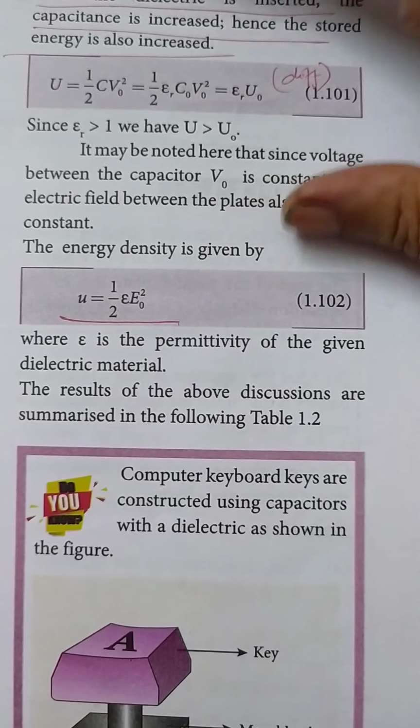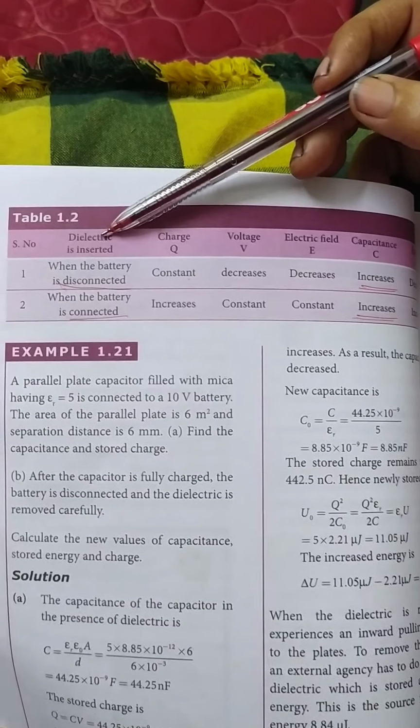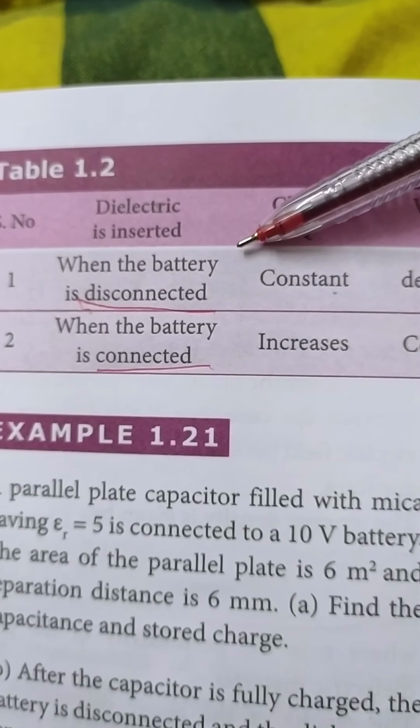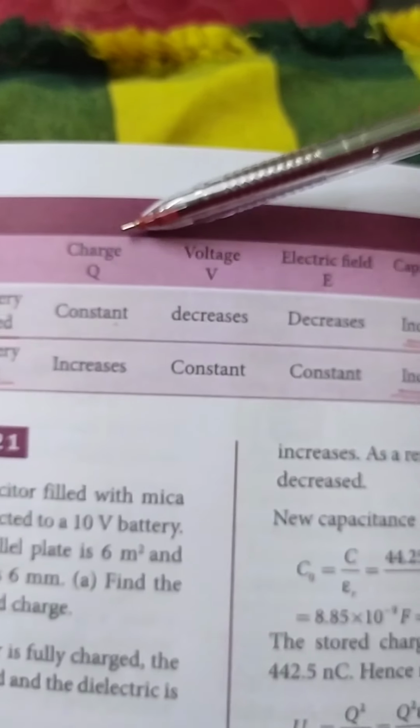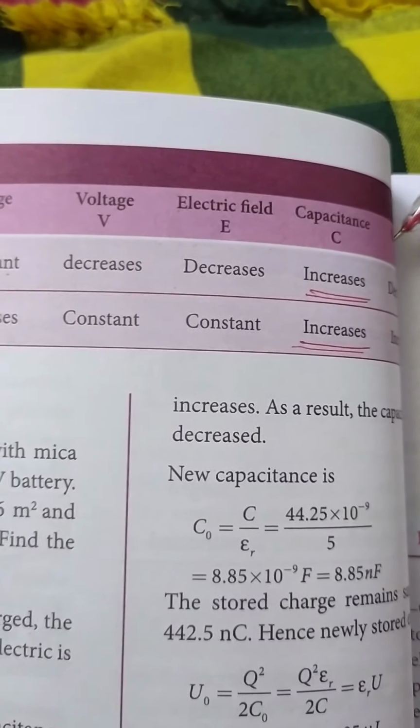So when you consolidate these two cases, you see this tabular column: when the battery is disconnected when the dielectric is introduced and when the battery is connected. When it is disconnected, what happens to charge, voltage, electric field, capacitance and energy?